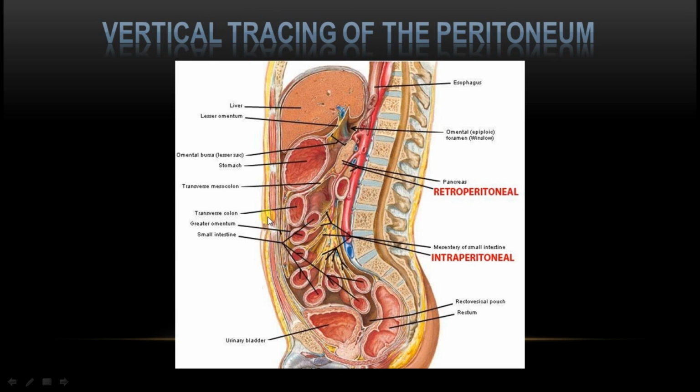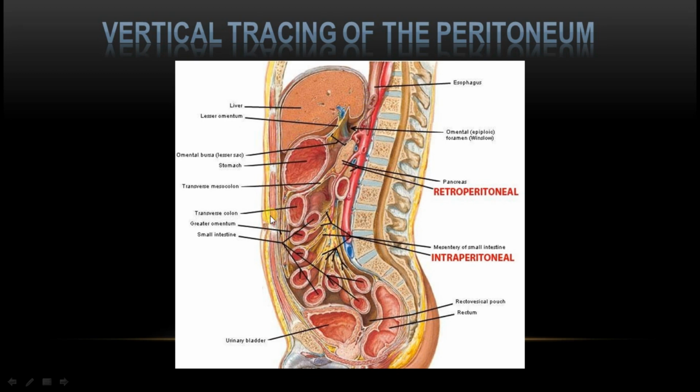Umbilicus, this is the anterior abdominal wall, abdominal muscles. Parietal peritoneum. From here, if you start, the parietal peritoneum lines the interior of the anterior abdominal wall. Then it lines the under surface of the diaphragm and then reflects on top of the liver, covering the liver.